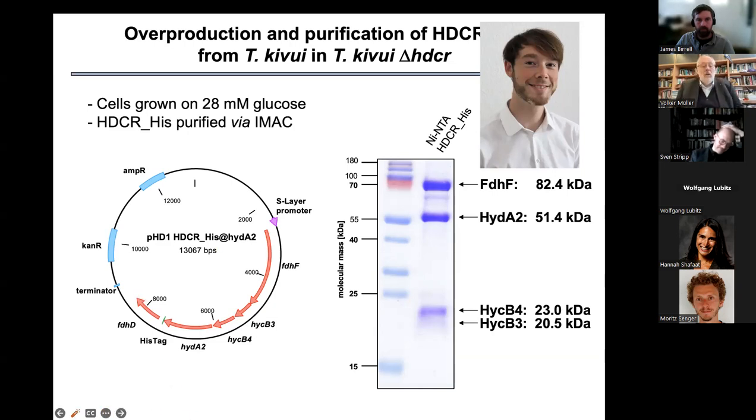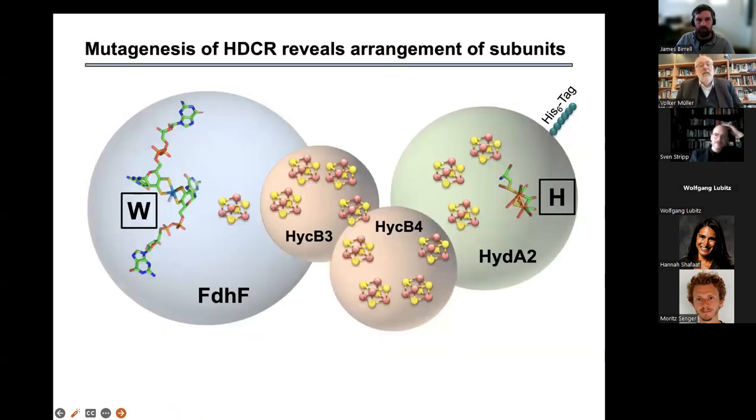And that helped a lot after we developed the structure to figure out function of the enzyme. So that is a cartoon that we had already from structure function analysis that we did in our laboratory. As I said before, formate dehydrogenase, hydrogenase, and both are connected by these two small iron-sulfur proteins.